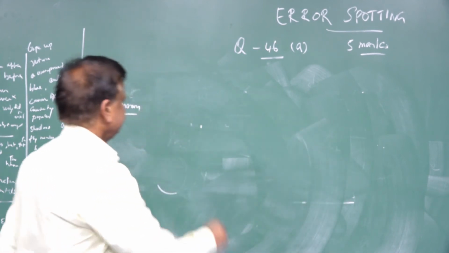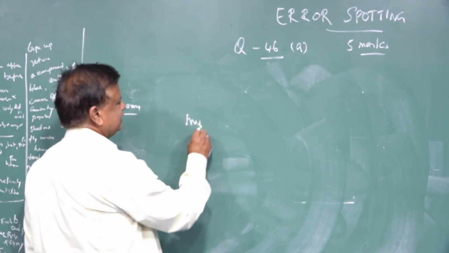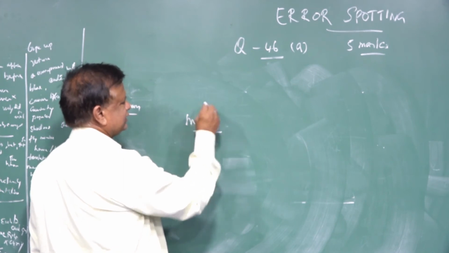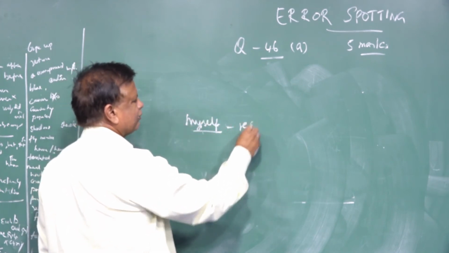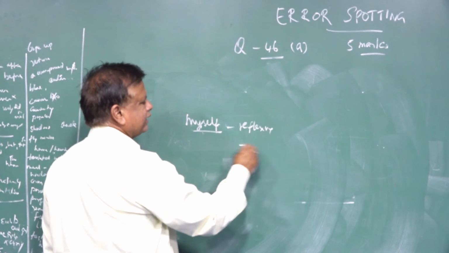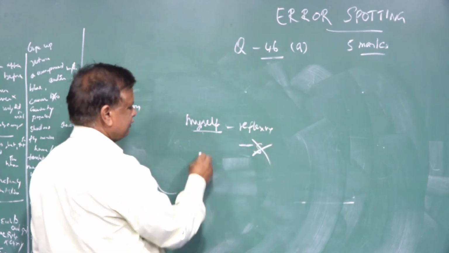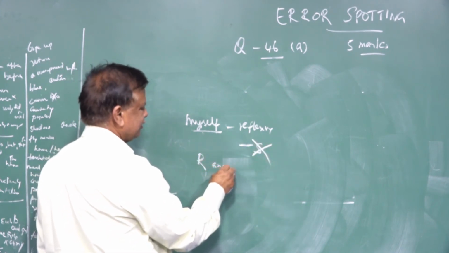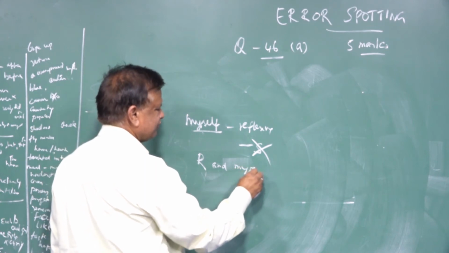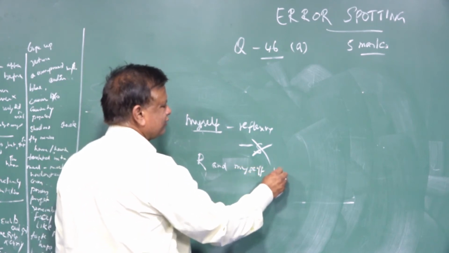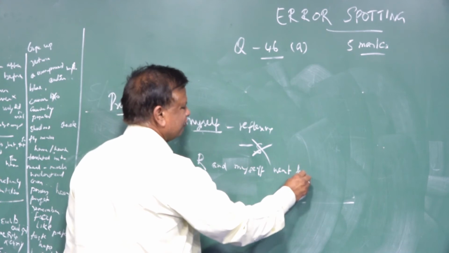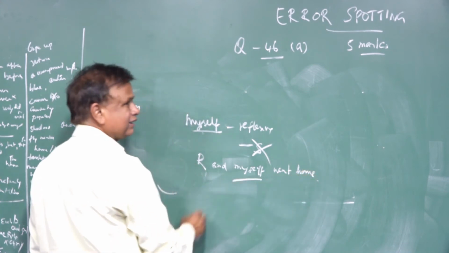Similarly, myself is a reflexive pronoun. A reflexive pronoun will not come as a subject. Rama and myself went to the market, went home. I cannot use myself as a subject.